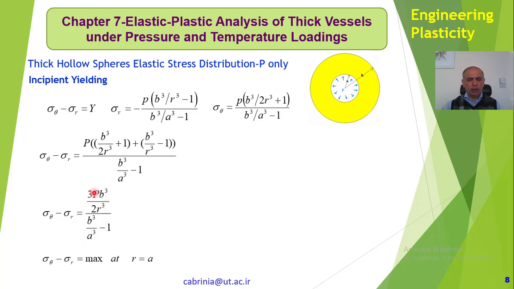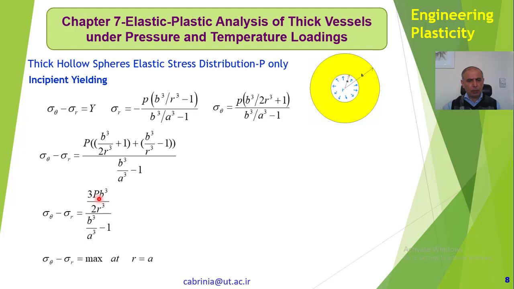Okay, you can do differentiation, put it equal to 0, you get the same thing. But it's clear from this relationship that if you put r, because it's r cube on the denominator, this value will be maximum because this value is constant. B cube over a cube minus 1 is constant, right?